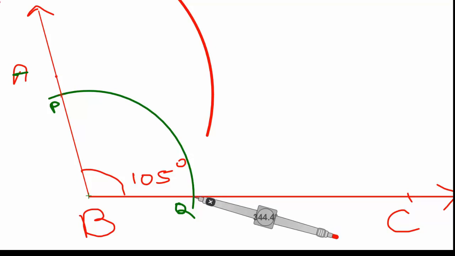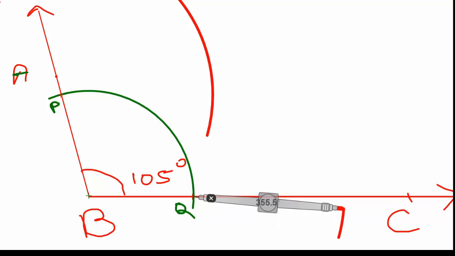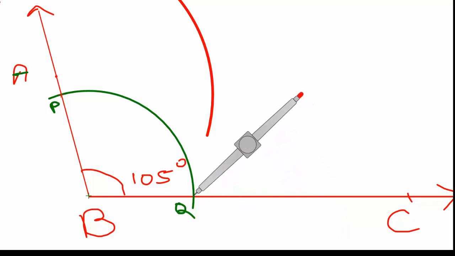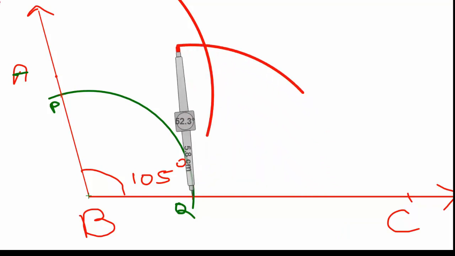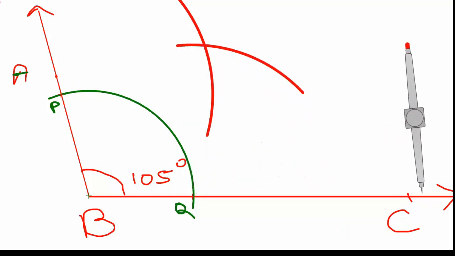Then, keeping the same distance, draw an arc intersecting the first arc. We get a point of intersection, and we give it the name point M.